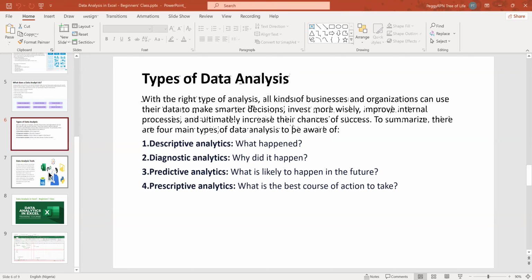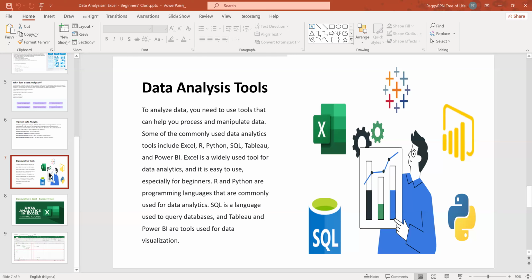So the last part is talking about data analysis tools. To analyze data, you need to use tools that can help you process and manipulate data. Some commonly used data analytics tools include Excel, R, Python, SQL, Tableau, and Power BI.